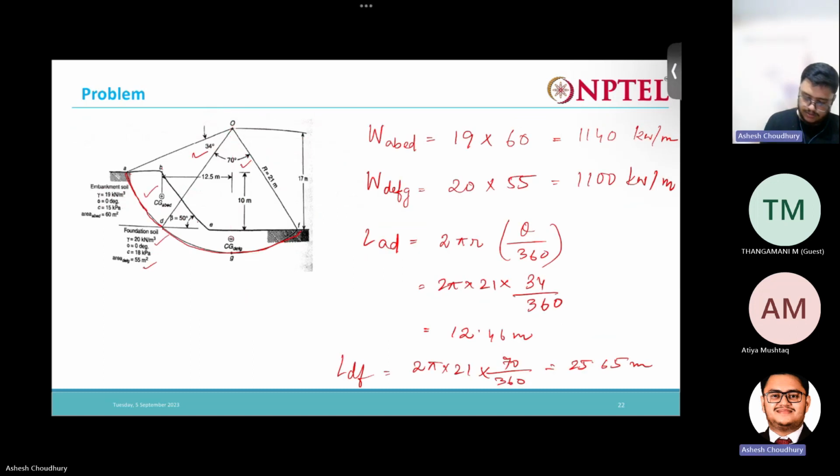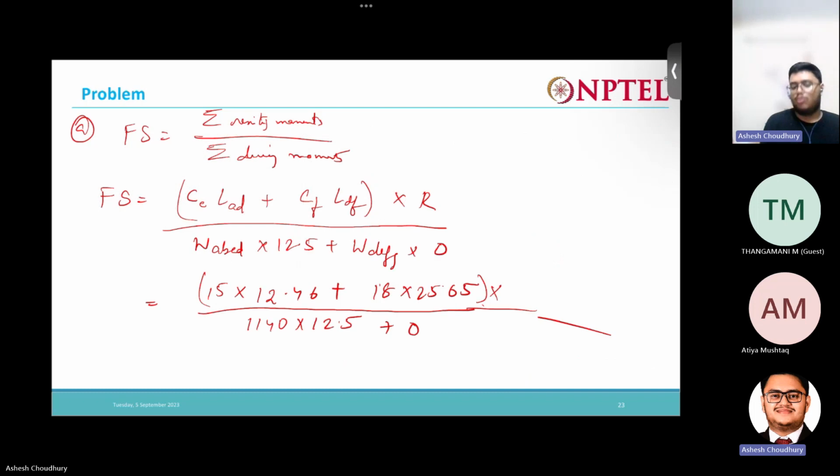R is 21. Understood, right? These are the forces that will be mobilized at each point, and force times this radius R gives us the moment. Now let us calculate this.